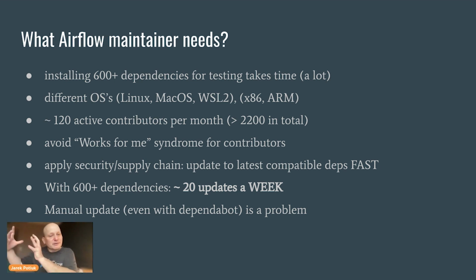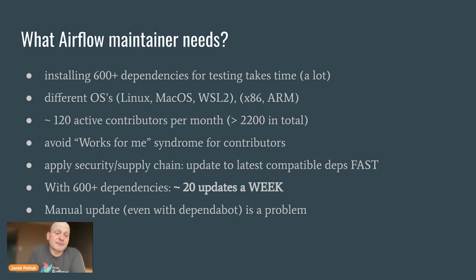So on one hand, we want to have snapshots. On the other hand, we want to update as soon as possible, which is kind of contradicting. And when you look at the 600 dependencies we have, it's about 20 updates a week, 20 security patches, features, breaking changes, coming regularly every single week from all those dependencies. That's a lot.